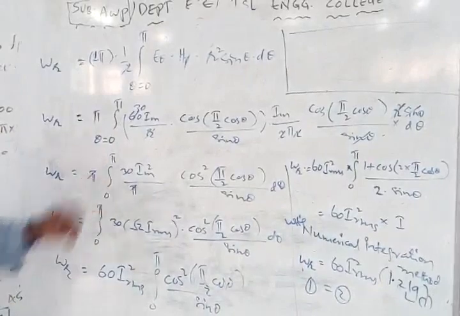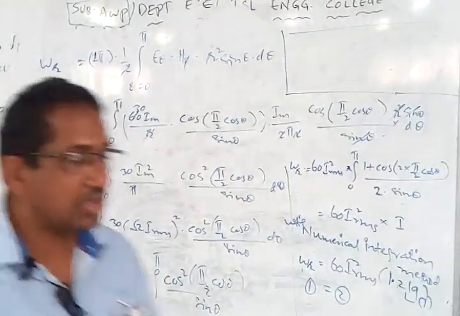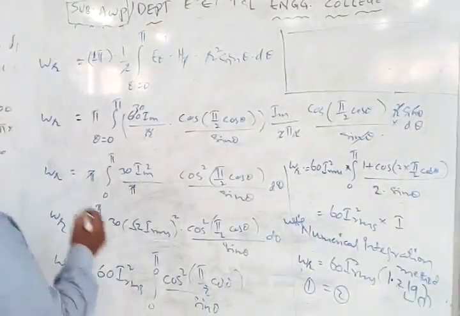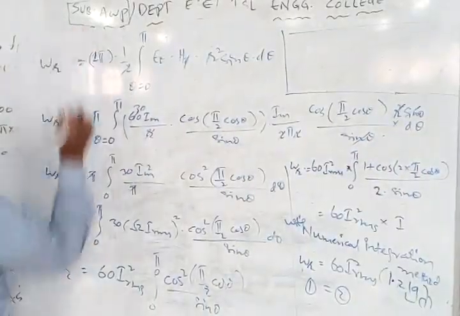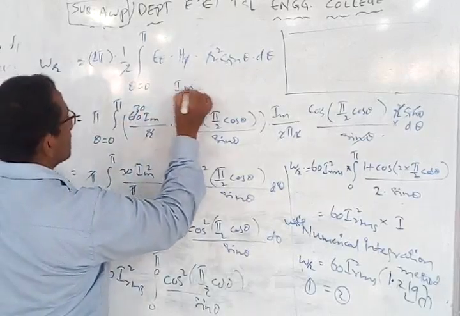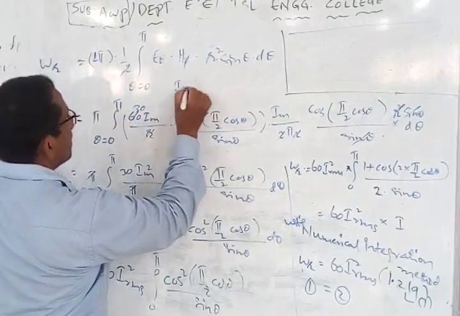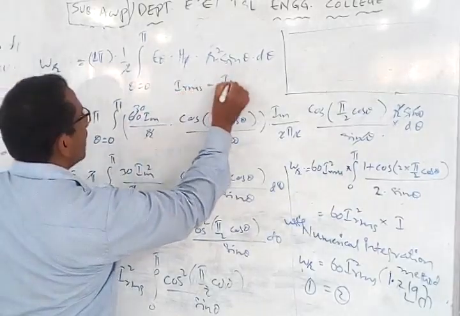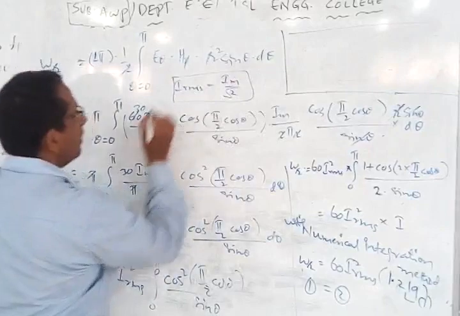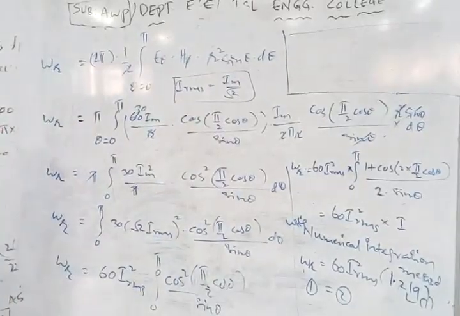Now this Im, what is Im actually? I have written Im in terms of the RMS value. We already know that I RMS is equal to Im by root 2. That is the basic formula to get the RMS value.